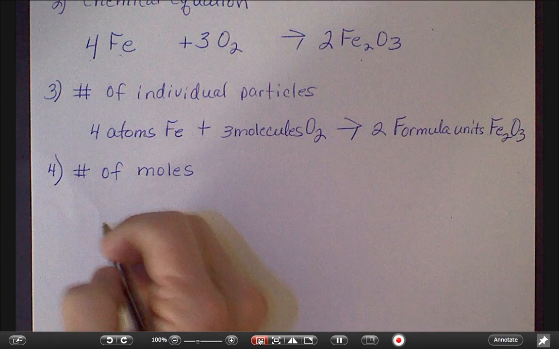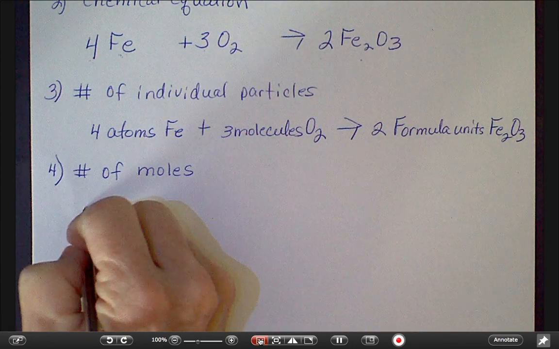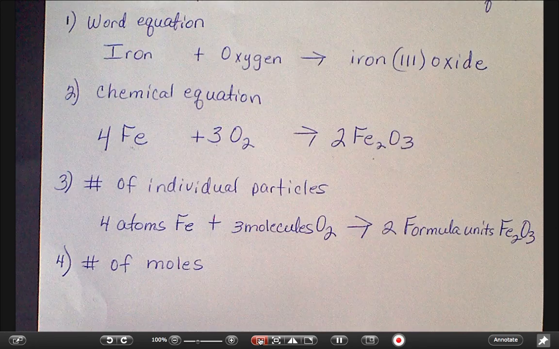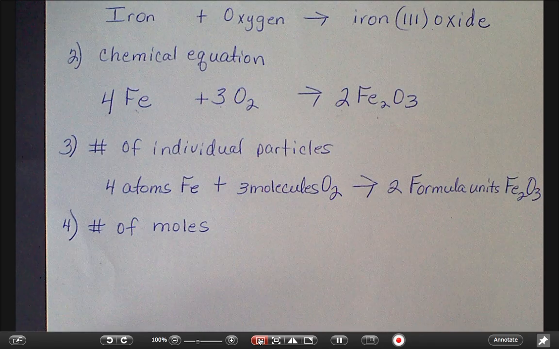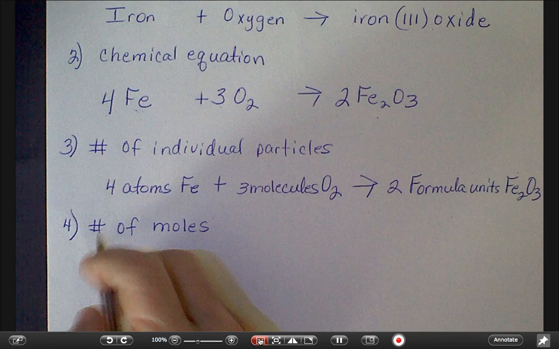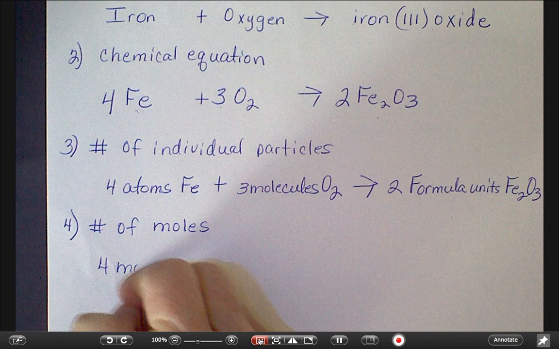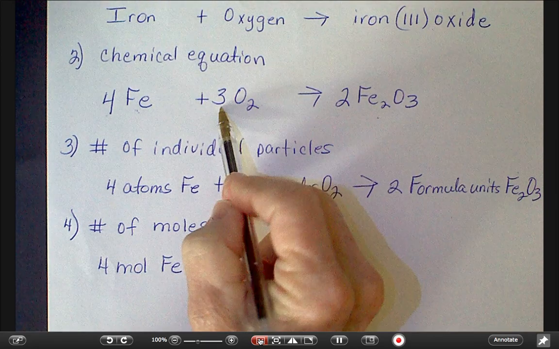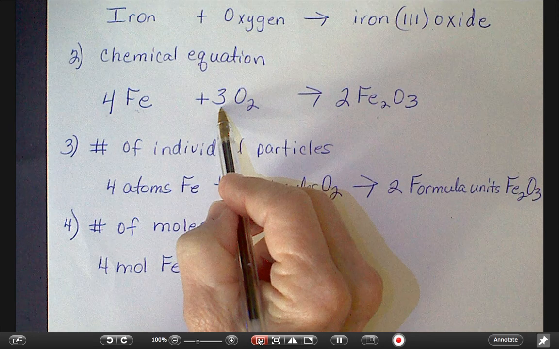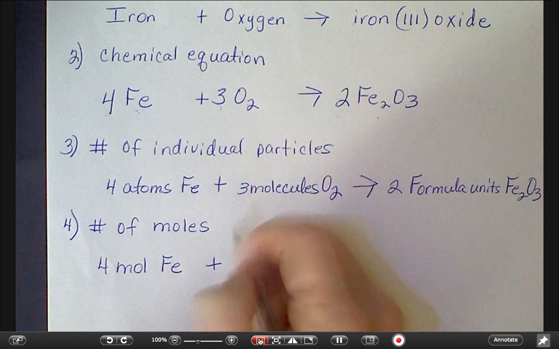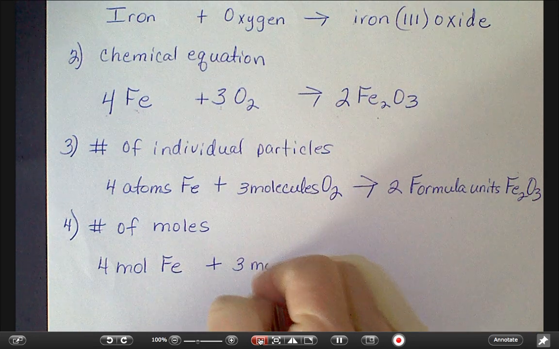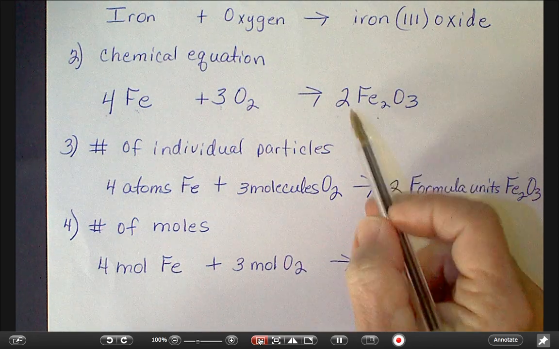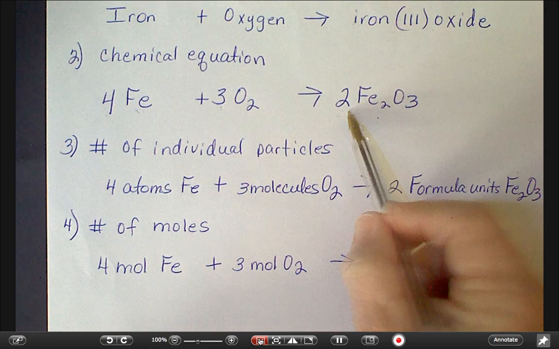So there's how many moles of Fe? In our original reaction there, how many moles of Fe? 4 mole of Fe. Plus how many moles of O2? Read the coefficient. And it produces how many moles of Fe2O3?